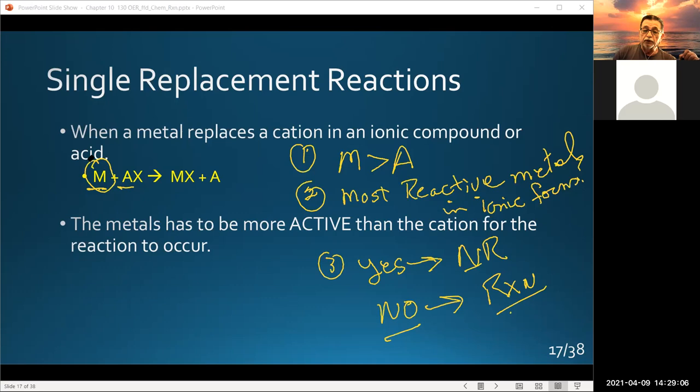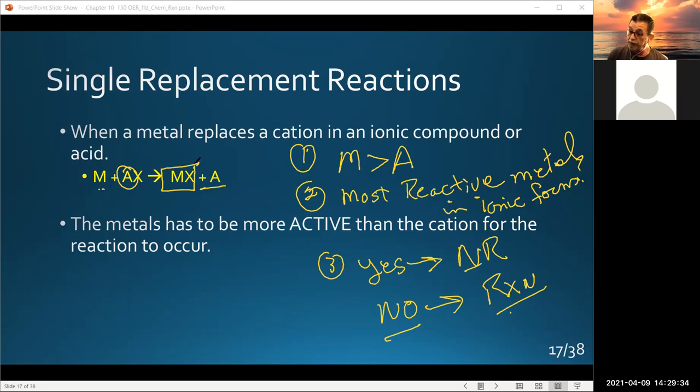When you put the reaction together, in this example here, we'll get specifics in a minute. First thing to do, we know automatically that A is going to be displaced, so we can write A in elemental form. But we don't know the formula for MX.